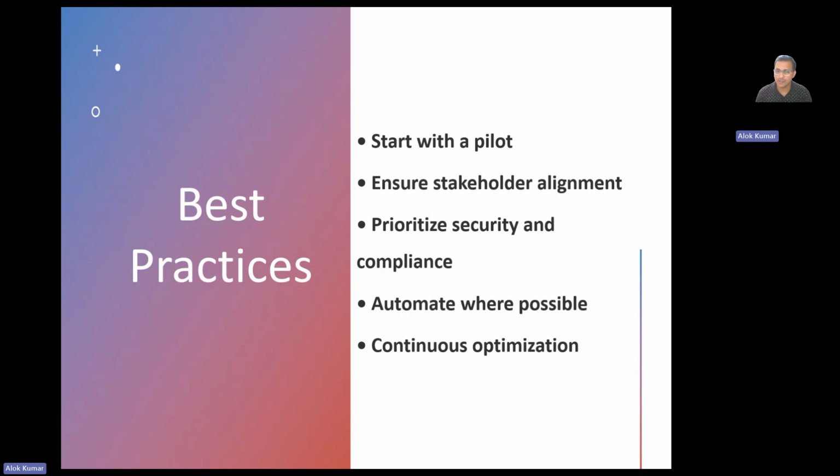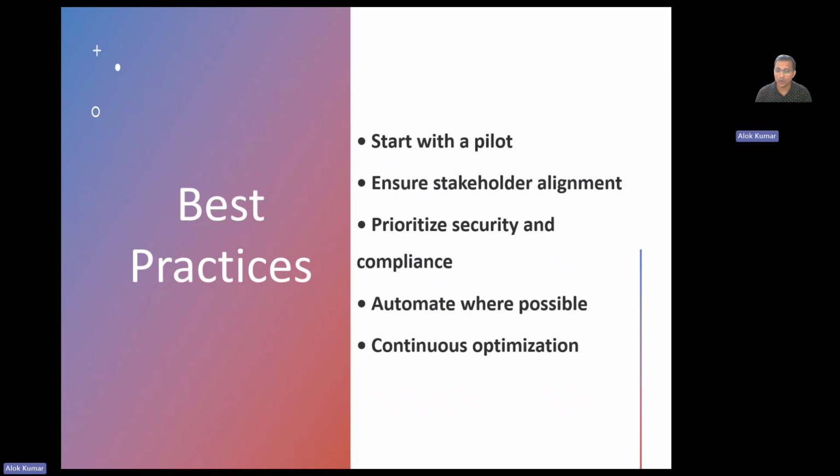Ensure you form a team with all the stakeholders that is required. That is some people from IT, some people from business, and everyone else also needs to be taken care of. You must prioritize your security and compliances because it is very crucial for your business operations and your organization.